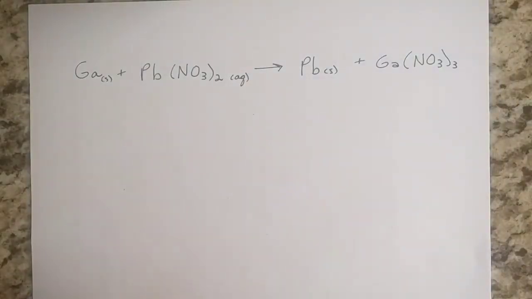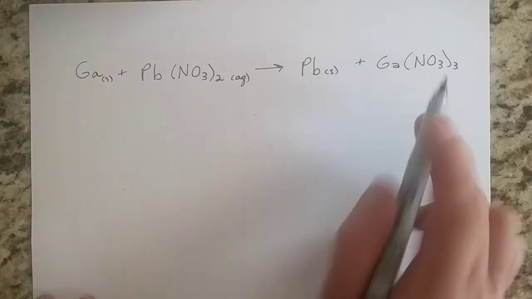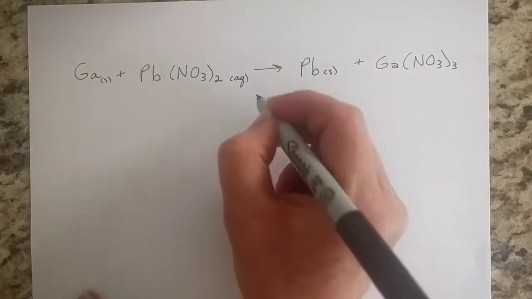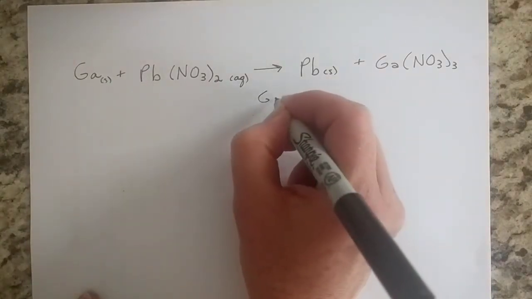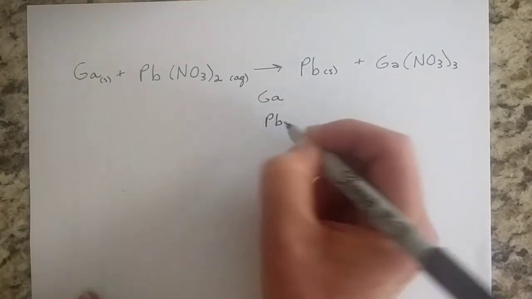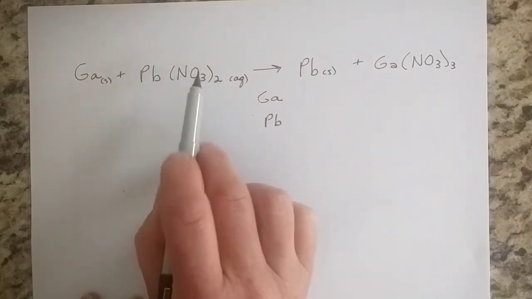All right, for our next equation, we have an equation involving a polyatomic ion. So we're going to be able to use a nice shortcut for balancing this type of equation. Okay, so we write down our element gallium, Ga, and then we have lead, Pb, and we are going to balance the NO3 as a group.